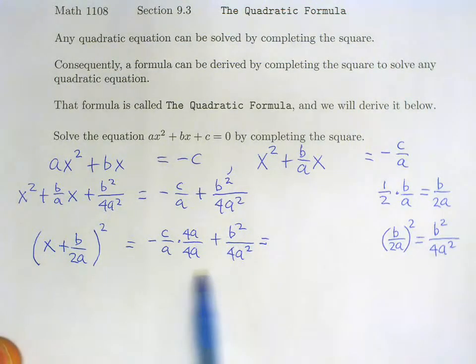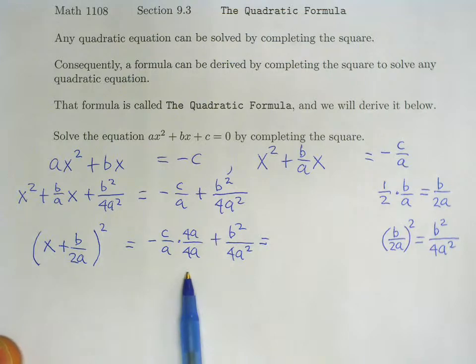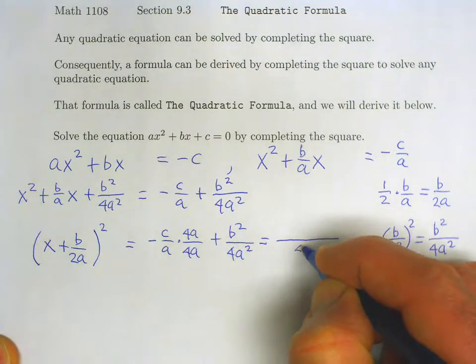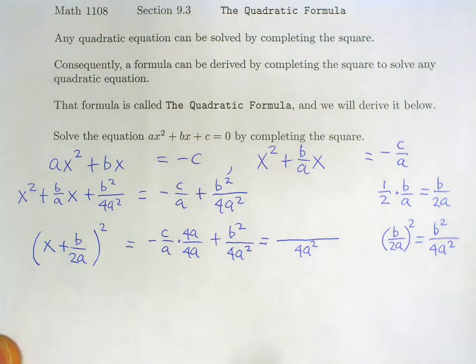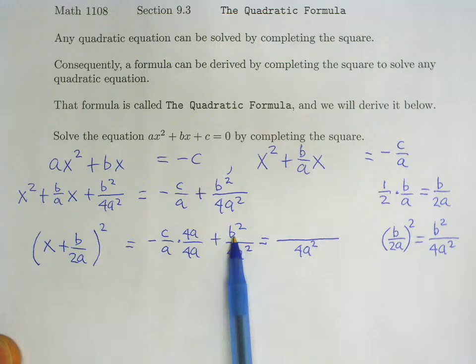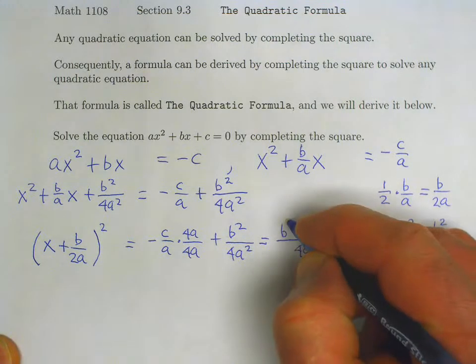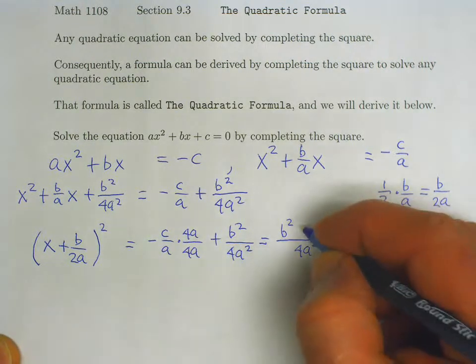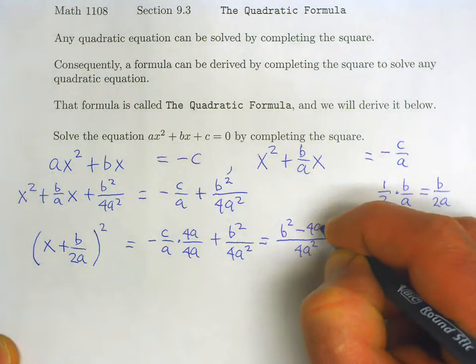So over here, let's go ahead and write this as a single rational expression with a common denominator 4a to the second. And I'm going to put the b to the second term on the left. And instead of negative 4ac, we write minus 4ac on the right.